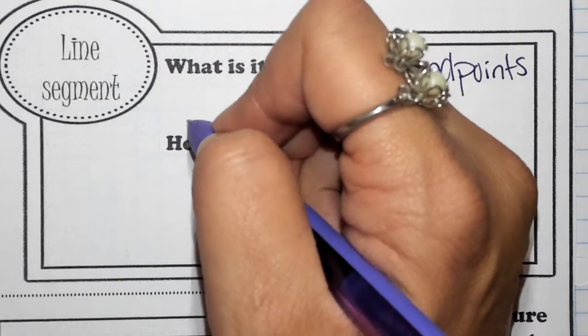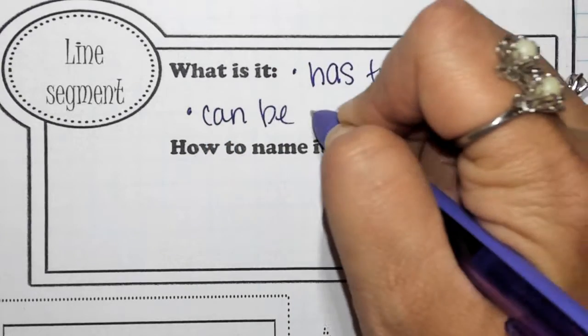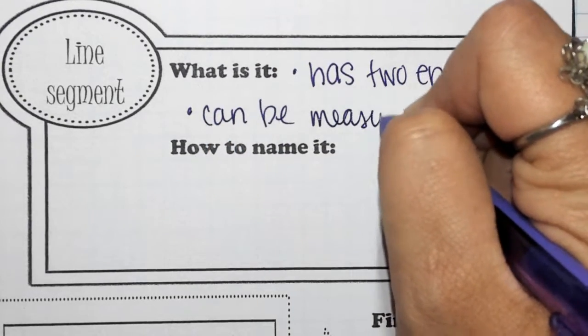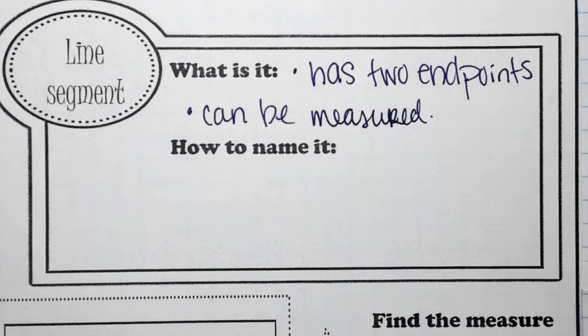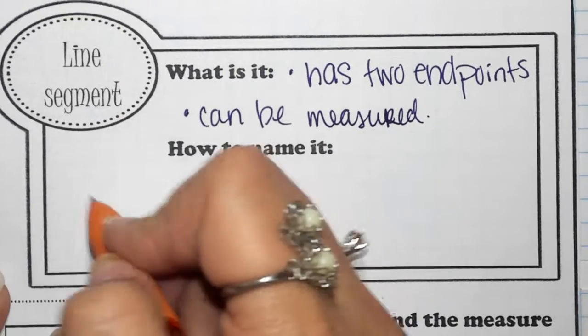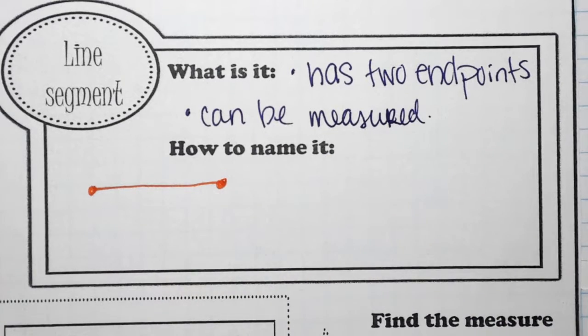It can be measured. This is what a line segment looks like.